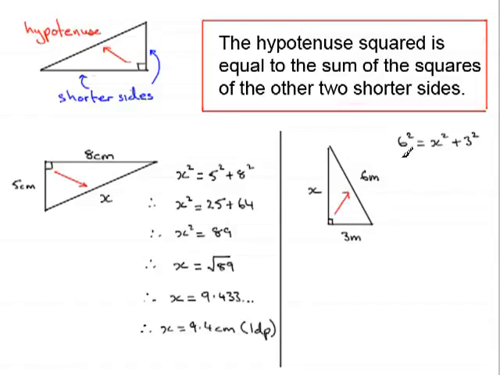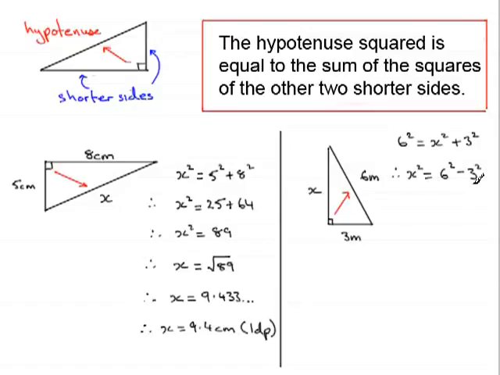Okay, all I need to do now is just rearrange this equation, and to rearrange it I could subtract 3 squared from both sides. So therefore what I'm going to have is x squared is equal to 6 squared minus 3 squared.